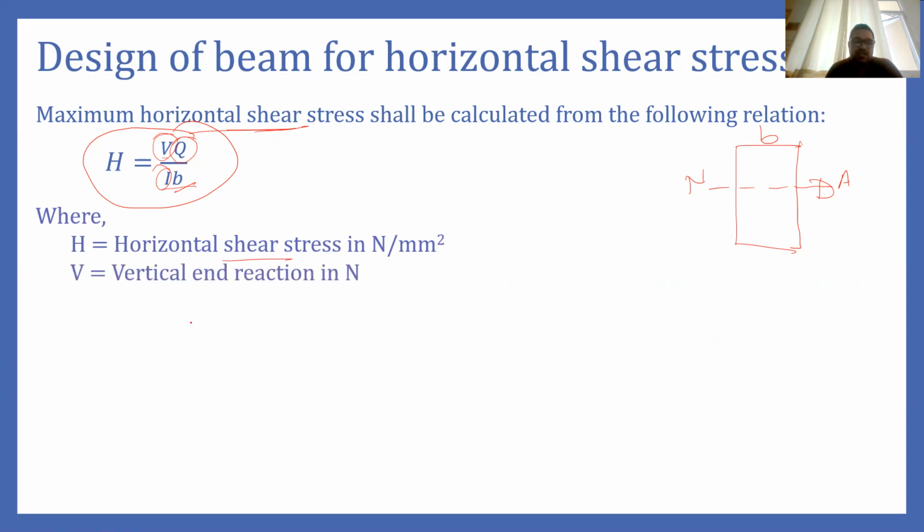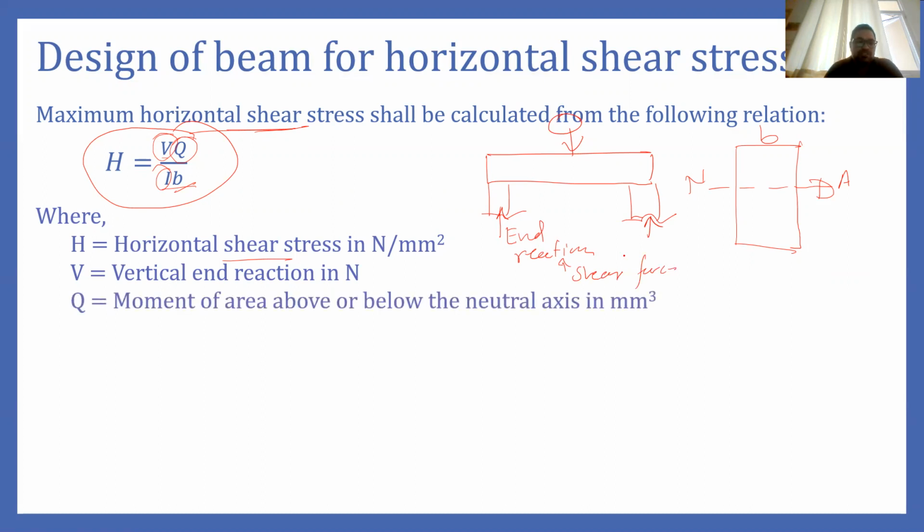V is the vertical end reaction. If this beam is subjected to vertical load, the reactions developed because of this vertical force are known as the end reactions. So V is basically the end reaction, or we can say the shear force.